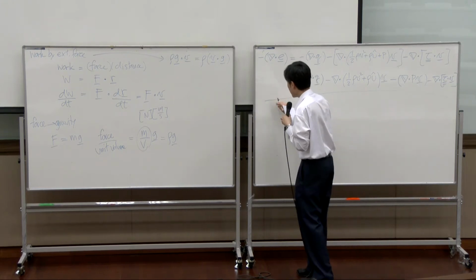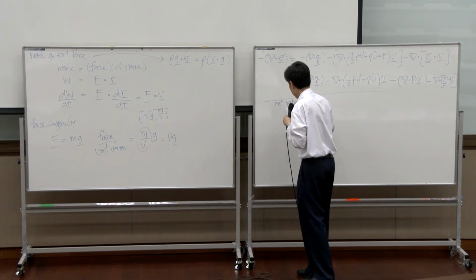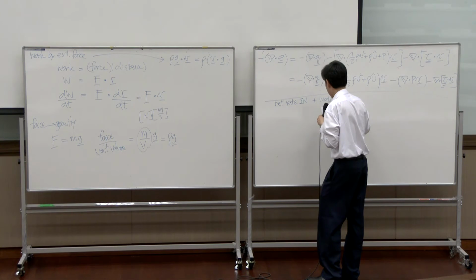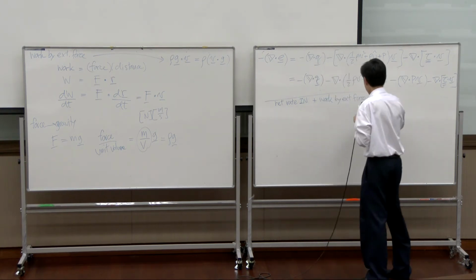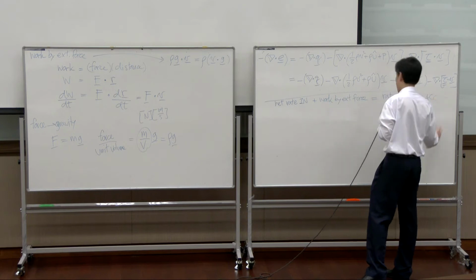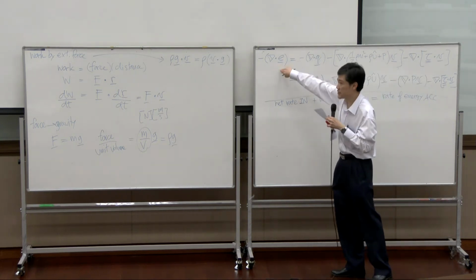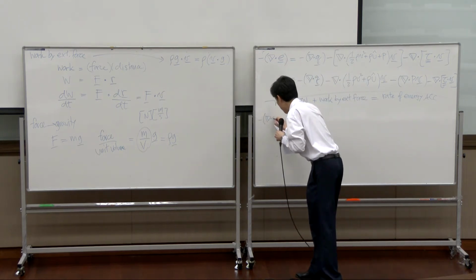So our energy balance starts with net rate in plus work by external force equal to rate of energy accumulation. Net rate in is this term. So I copy everything here.